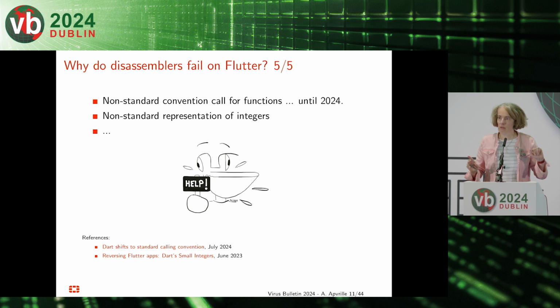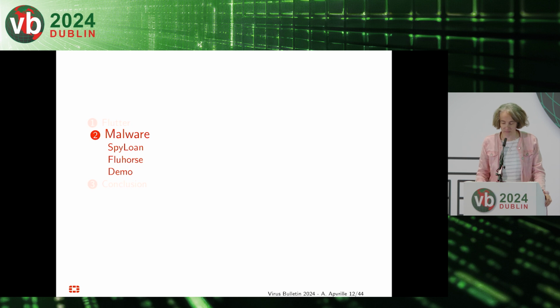In binary for Flutter and for Dart, when you want to represent 1, you're actually representing 2. It's not very difficult, but you need to know it, and it's like that for all integers.